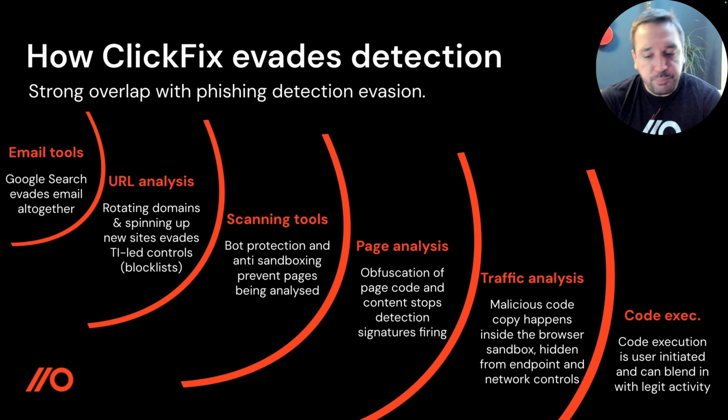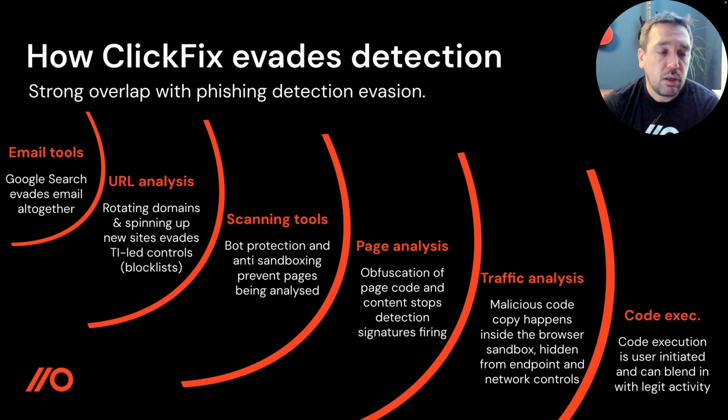Okay, I've been over some of these points already, but to summarize how ClickFix is evading detection, there's a strong overlap with general phishing detection evasion, but there are some unique components as well. If we look through the phases, the first point is bypassing email tools. We've seen similar attacks like attacker-in-the-middle phishing gradually move away from email as a delivery vector and make use of other vectors that are less monitored or not monitored.